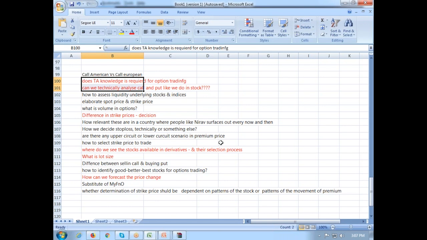The second question is, can we technically analyze call and put like we do in stock? To answer this question, I would say, just think about a stock's history versus an option's history. An option has a history of 7500 minutes, not more than that, but a stock has a lot of history.